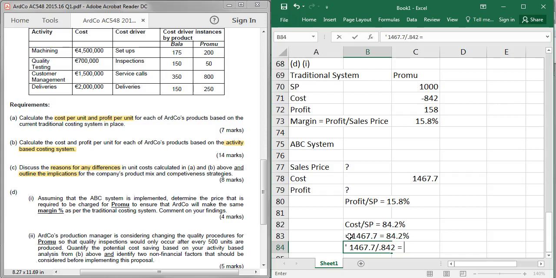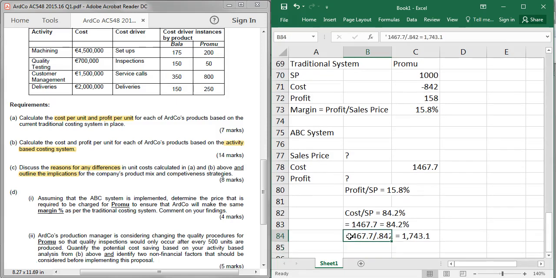So you're getting somewhere around 1743. Now, anywhere around that will be fine. So that's your desired selling price. Now, that's quite tricky, but you're trying to work back to say, I need to charge something so that when I get my profit, it'll be 15.8%. So that means my cost as a percentage of sales must be the difference, 84.2.